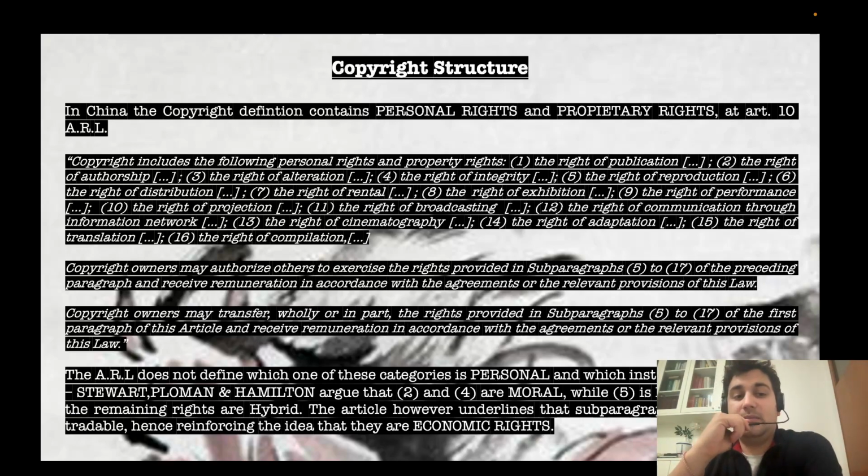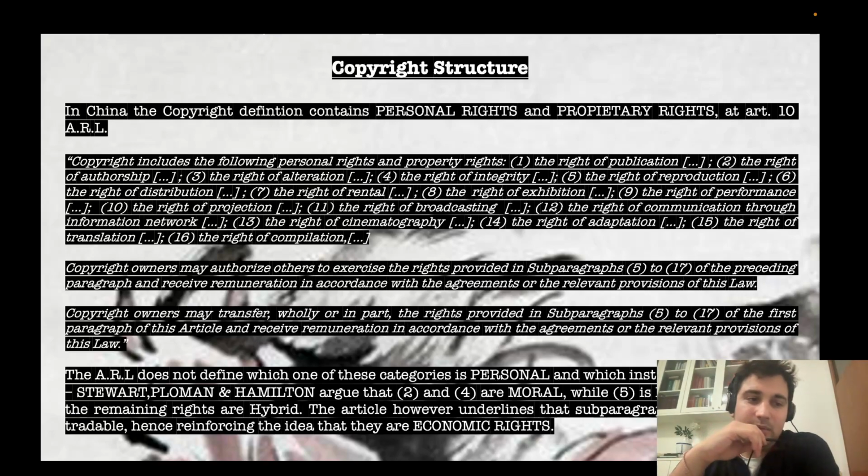Basically there are 17, I'm not joking, rights that are defined by the ACL, and these 17 rights do not have the differentiation between moral rights and not.